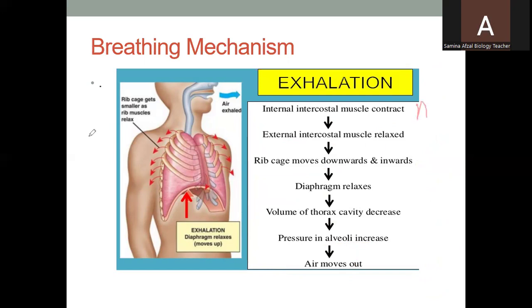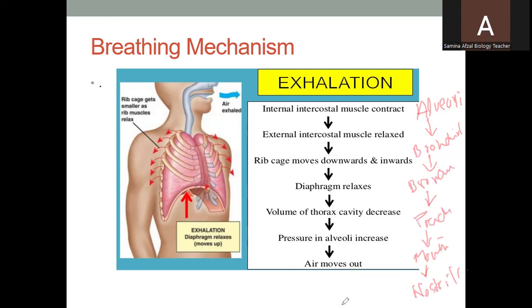Air will move from the alveoli towards the bronchioles, then bronchioles to bronchus, bronchus to trachea, trachea to mouth, and from mouth to nostrils. So in this way, the exhaled air will follow this pathway.